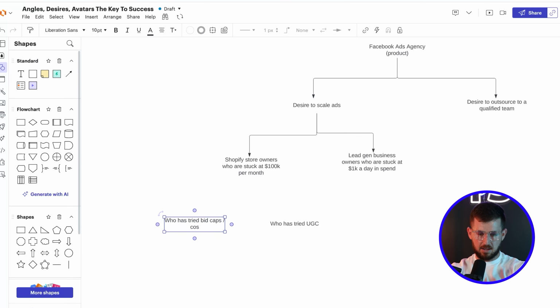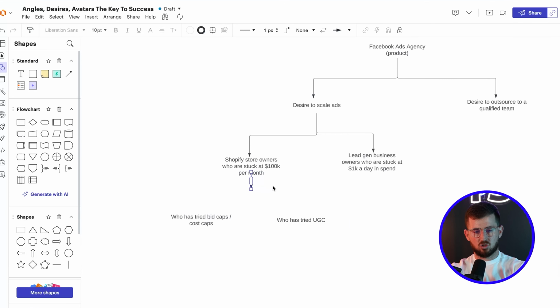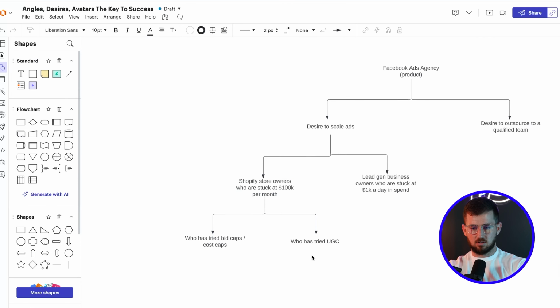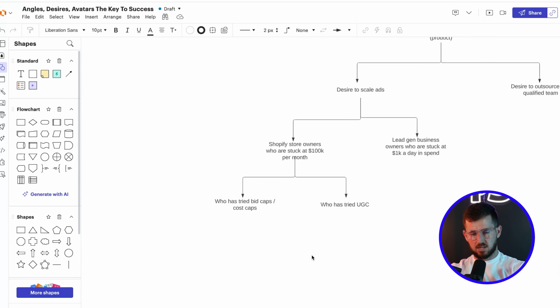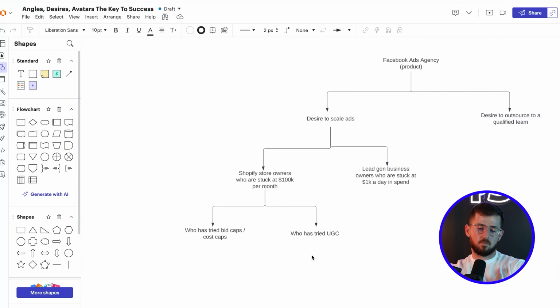Bid caps, cost caps. There we go. So they've tried these various things to achieve that success, right? Even if this is a regular e-com product, it's going to be what other products they've used to try to satisfy that desire for that particular group of people.